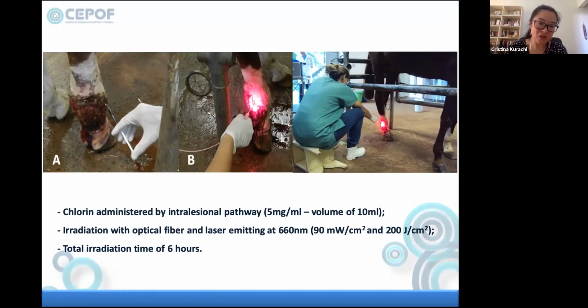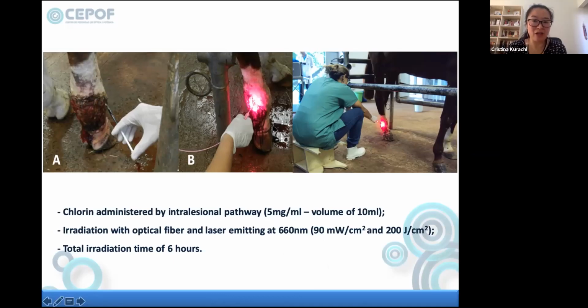In this case, we didn't have the fluorescence system to look at the distribution of the photosensitizer. Since it was intralesional, we performed the irradiation just a few minutes after the injection. Here we couldn't use a higher irradiance.